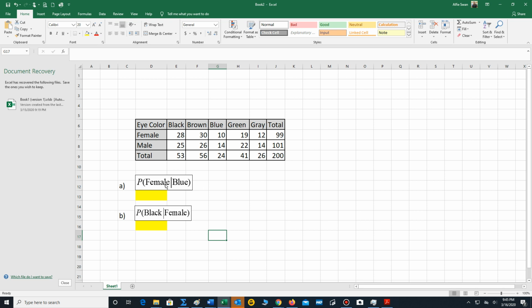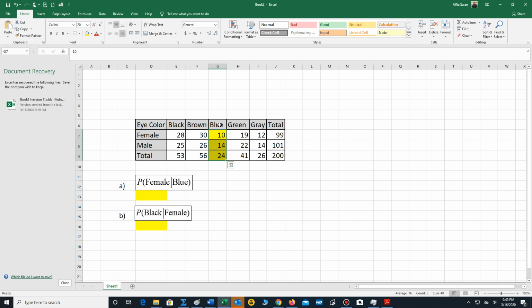The first example says, what's the chance that a person is female given that the person has blue eyes? The data set is gender and eye color. Once again, you could apply the formula, but as I mentioned before, it gets a little complicated. So what we're going to do is focus on the condition. The condition is blue, meaning blue eyes. So let's just highlight that column.